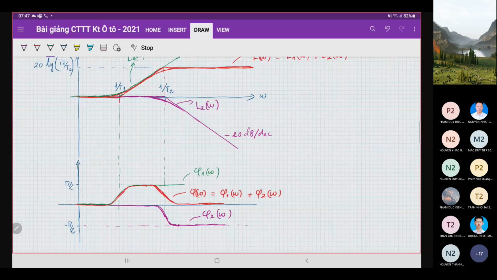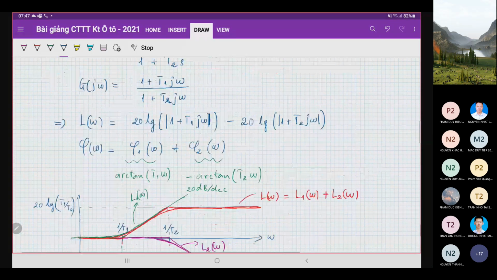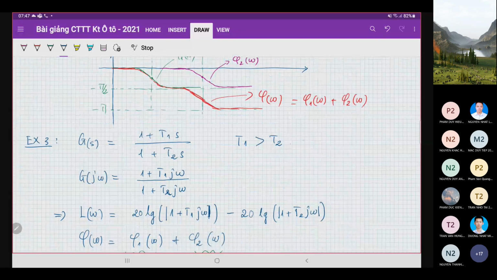That's why we call this a phase-lead system. A system with this condition we call a lead system.